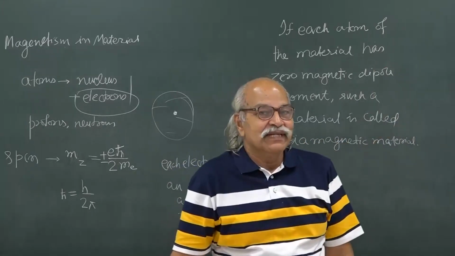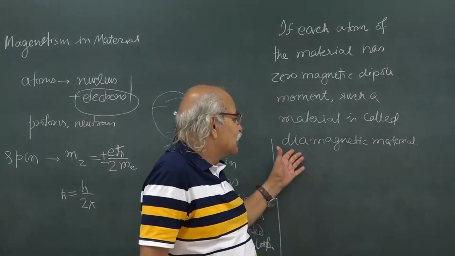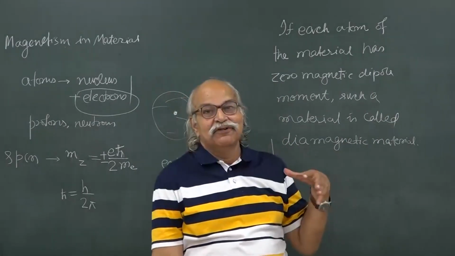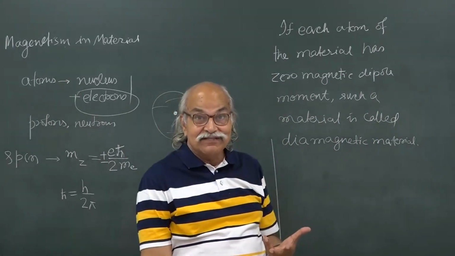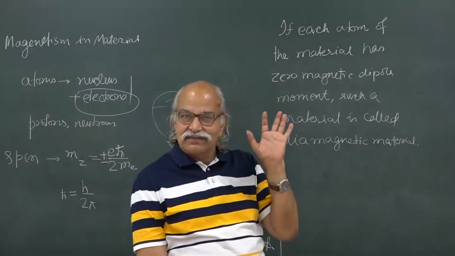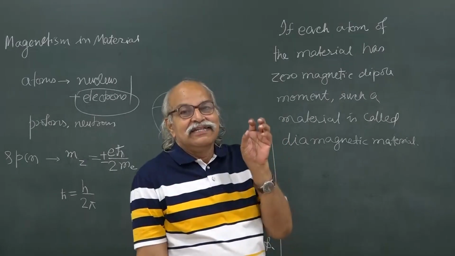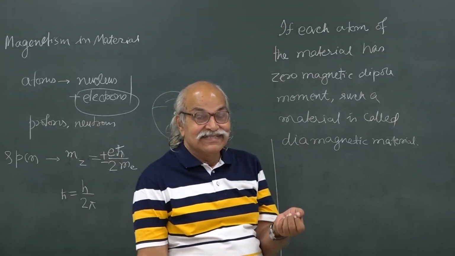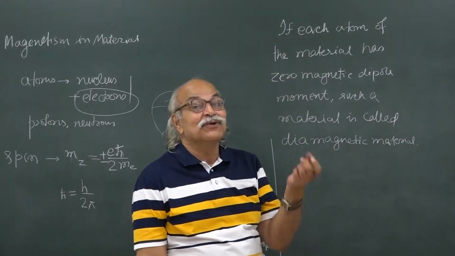If that be the case, then such a material is called diamagnetic material. If that is not the case, if these individual units, atoms or molecules or ions, have a magnetic moment, then it is not diamagnetic.